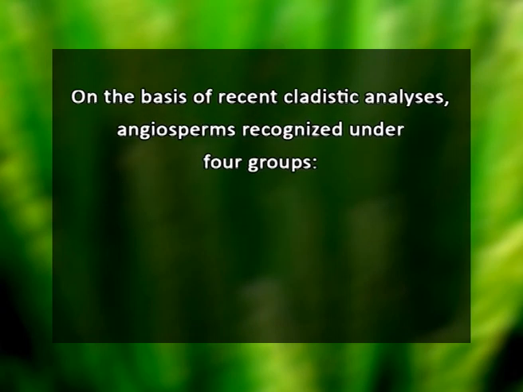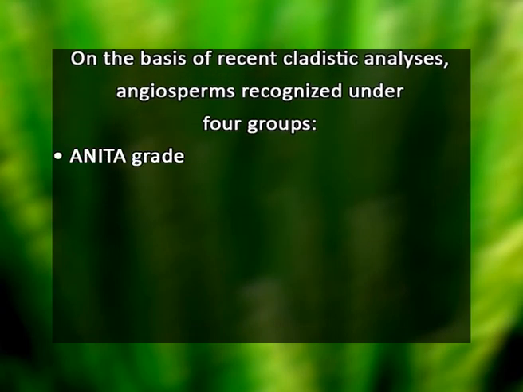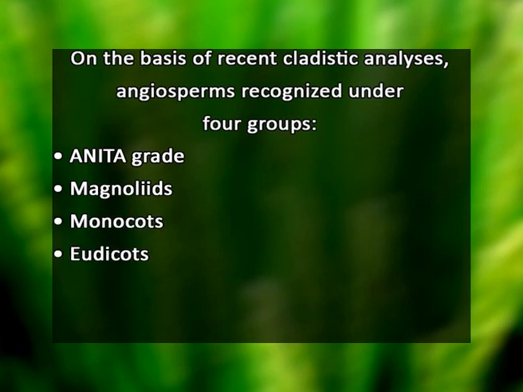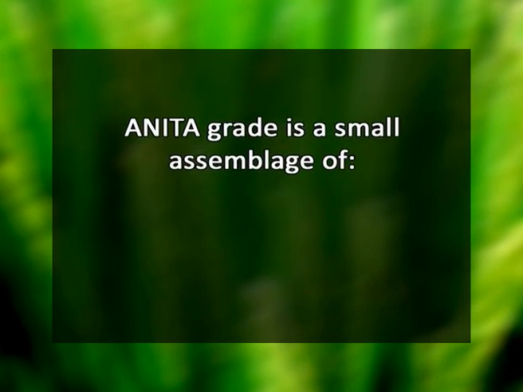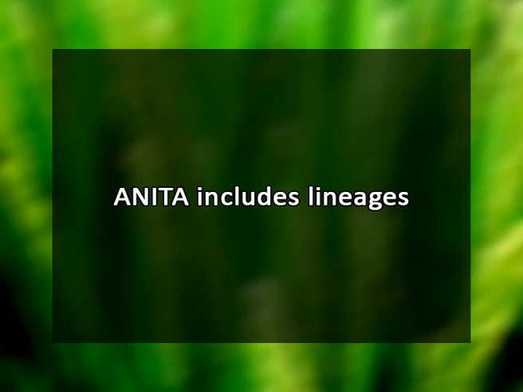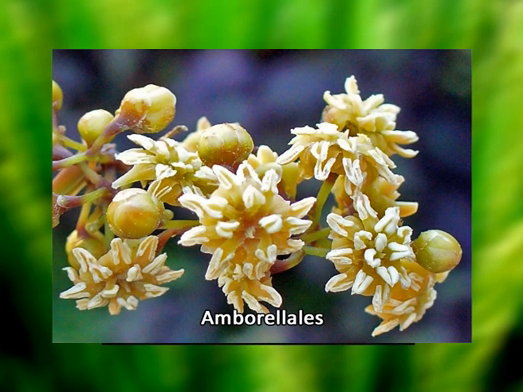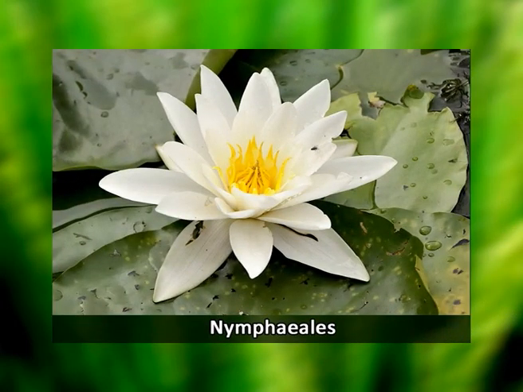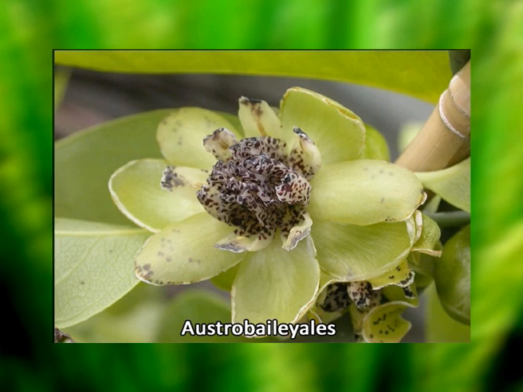The first group is what they call the ANA grade. Second is magnoliids. Third is monocots, and the fourth is eudicots. Let us discuss these one by one. The first one is the ANA grade. It's a small assemblage of non-monocot and non-eudicot angiosperms. That means they are outside of monocots and eudicots. This grade includes lineages such as Amborellales, Nymphaeales, Austrobaileyales.